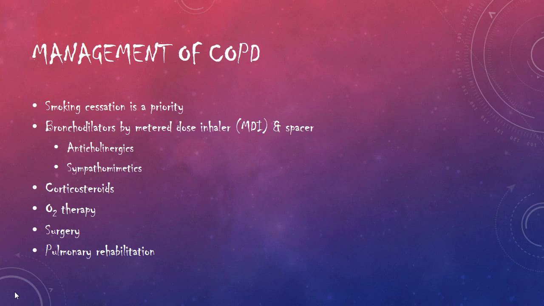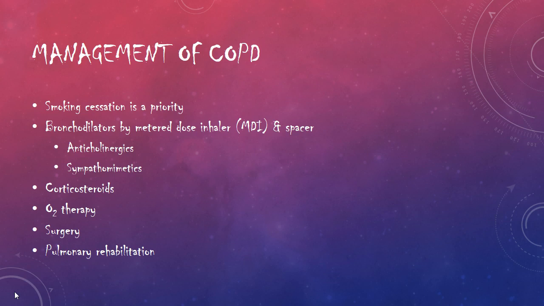You can have an inhaled steroid or a systemic steroid. Please remember that with inhaled steroids, you're not going to have the same systemic effect. So somebody can stop an inhaled steroid and it's not going to give them the same types of issues as a steroid that's given IV or PO is going to have.